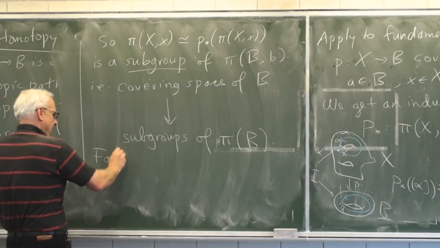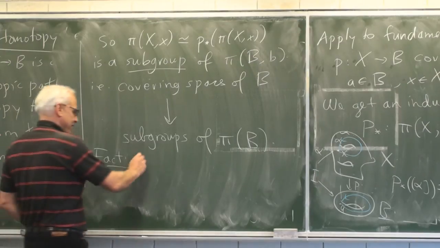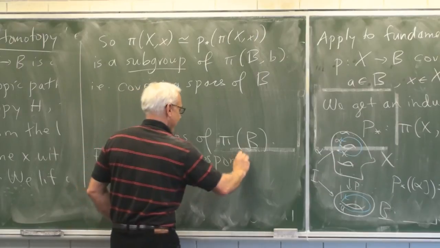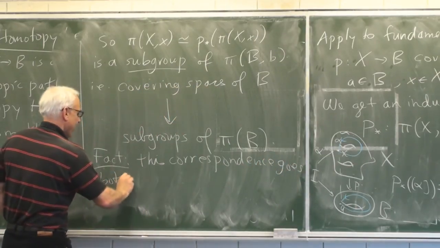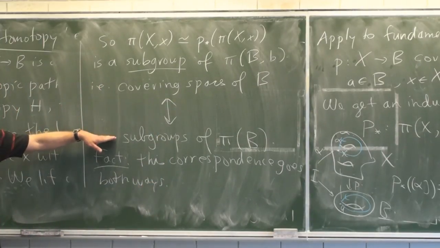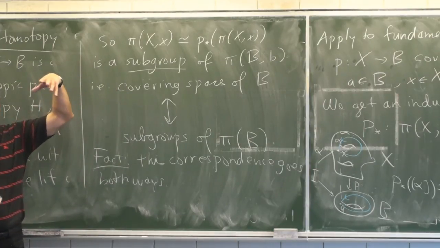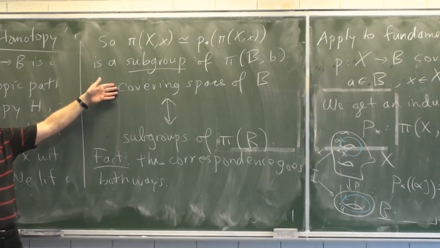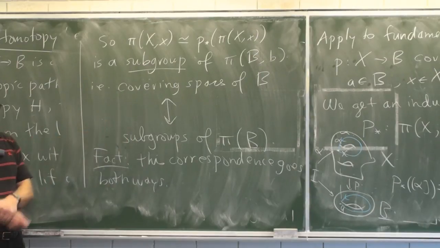So kind of a main fact is that this is a one-to-one correspondence. This correspondence goes both ways. In other words, if you have a subgroup of the fundamental group, there's essentially one covering space that it determines. So we can classify covering spaces by classifying or studying subgroups of the fundamental group of the base.